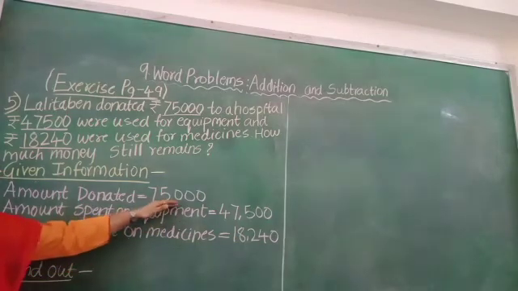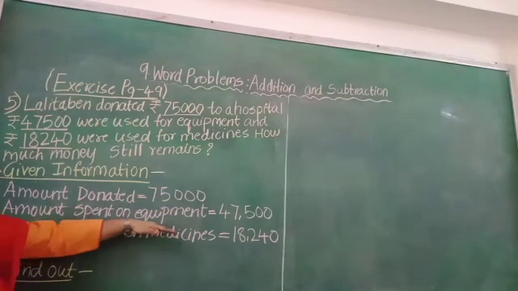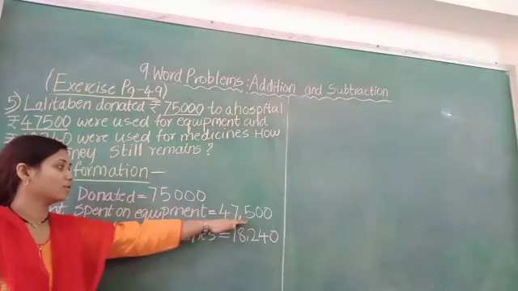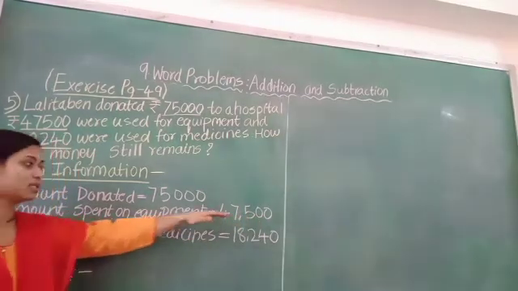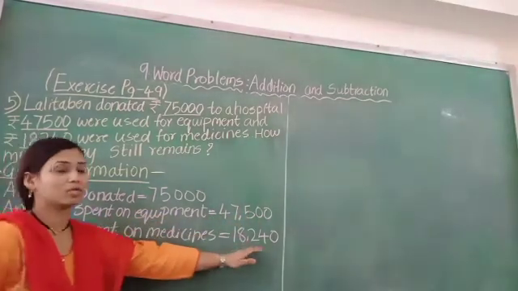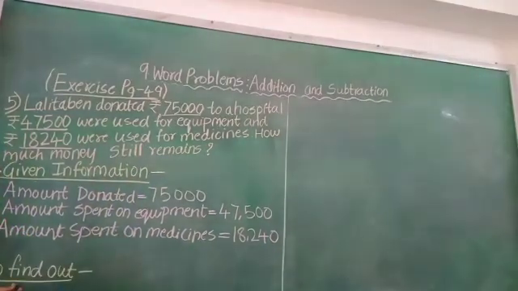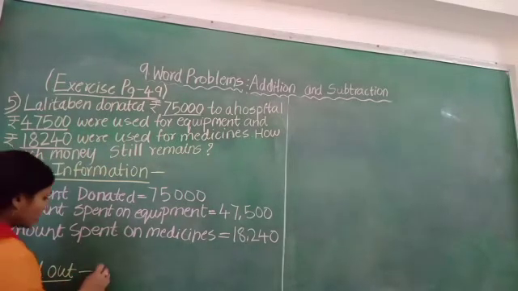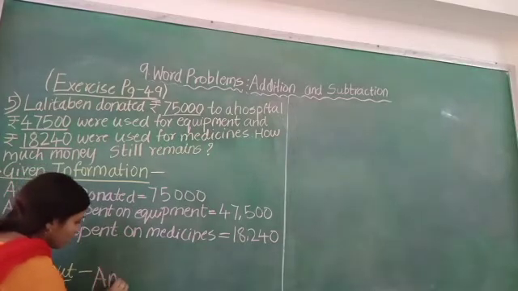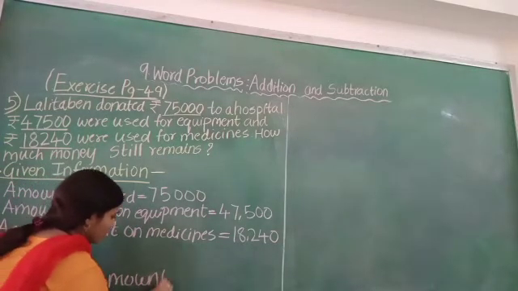Total 75,000 amount was donated, of which 47,500 was spent on equipment, 18,240 was spent on medicines. Now to find out what they are asking, how much money still remains. So here we have to find the amount remaining.